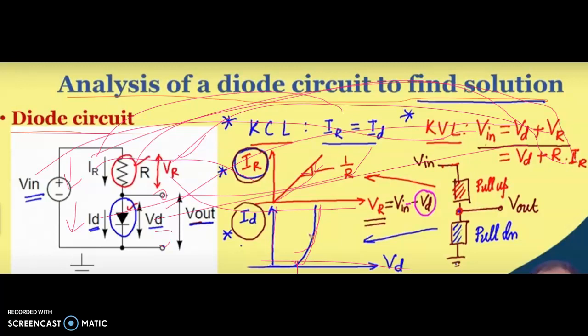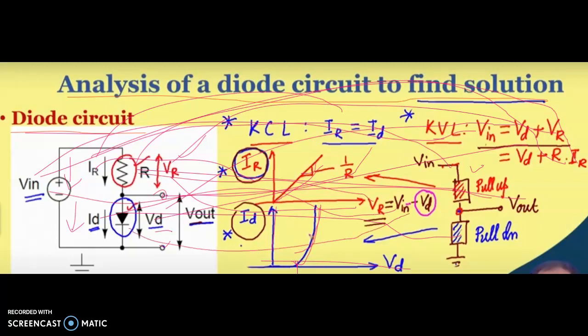Here V in, here pull up, here pull down. This is V out. So VR equals V in minus VD, where V in is the input voltage and VD is the diode voltage. Okay.